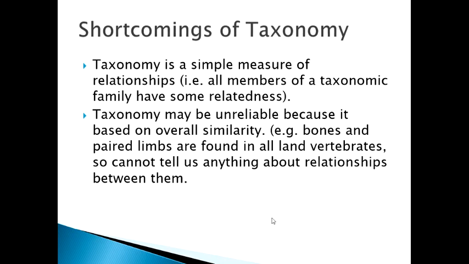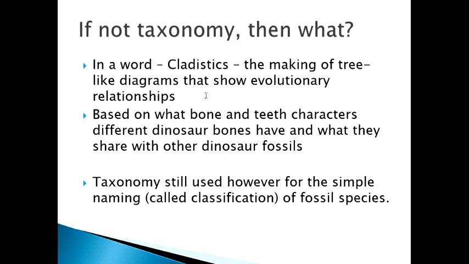Taxonomy is used for naming things, for putting them in the proper drawer in a museum collection, but for doing actual evolutionary relationships, we use something else. And that something else is a science, a discipline, a method that we call cladistics. It's a way of making these tree diagrams. They look like a branching tree that show these evolutionary relationships.